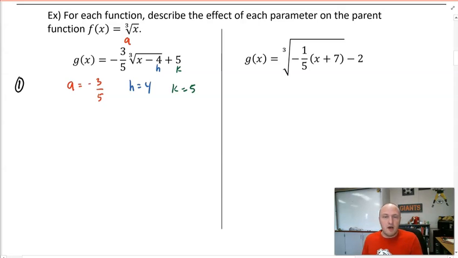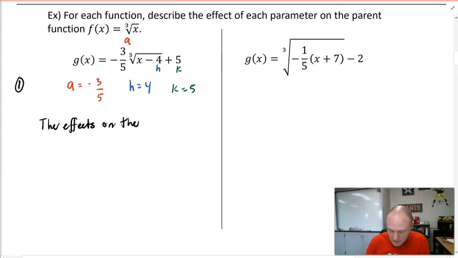Okay, so what are the effects on our function g of x? So what we're going to do is say the effects on the function g of x include, so I have a negative, right?